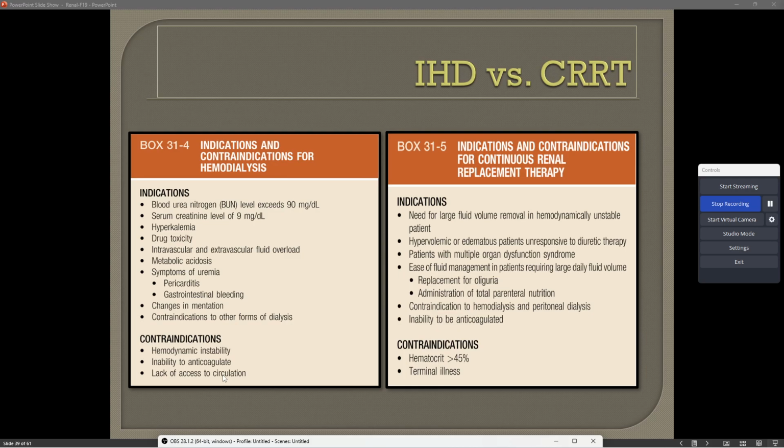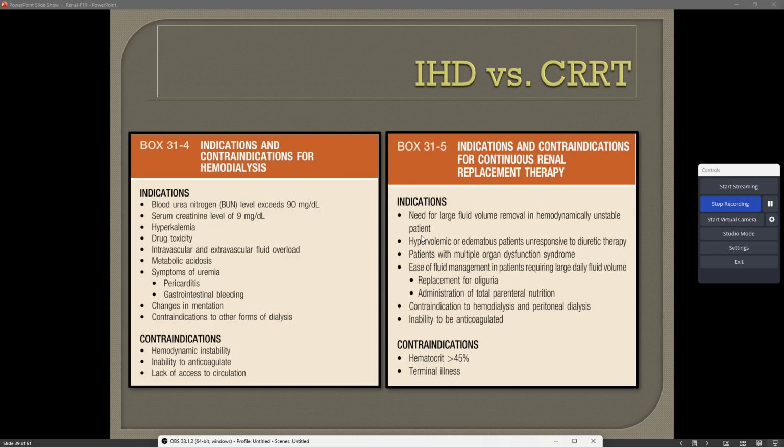Alternatively, we look at stents and grafts, which we will cover in a second, and those are more long-term solutions. Now, indications for CRRT: large fluid volume removal in, oh, hey, look, a hemodynamically unstable patient. CRRT is directly indicated for your critical patients because it is so gentle compared to hemodialysis.